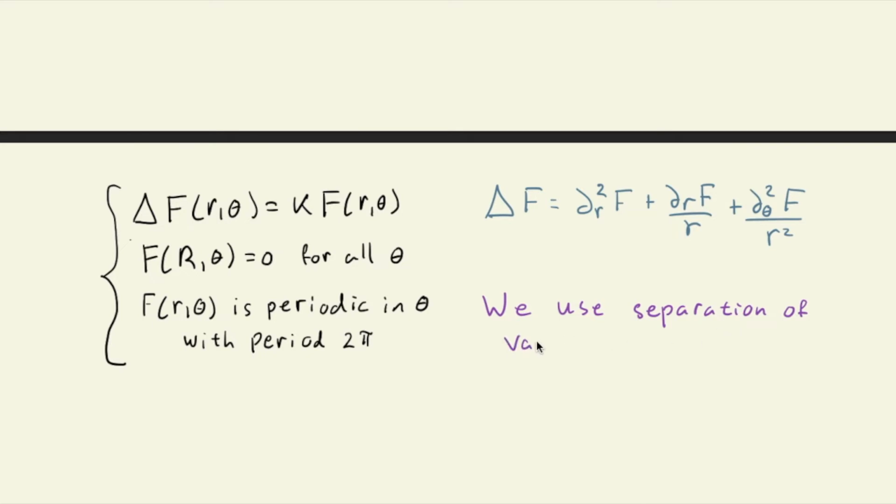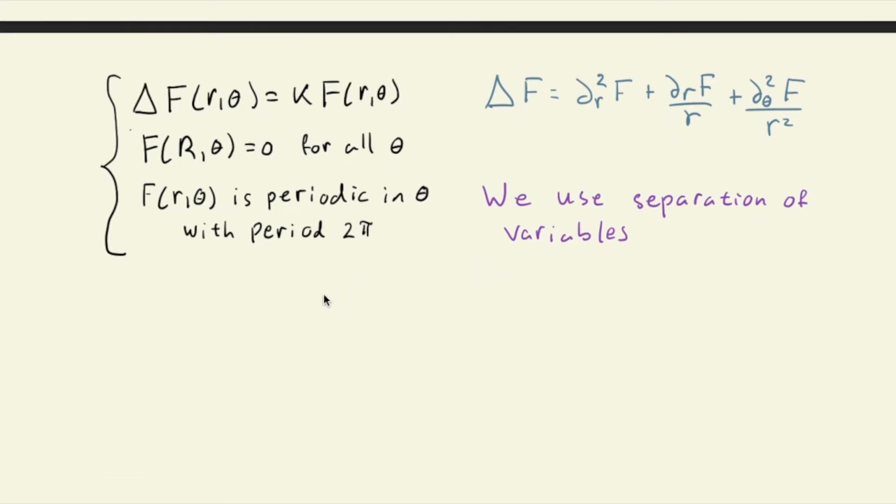Which means that we're going to consider f(r, theta) of the form a function just of the variable r times a function just of the variable theta, right? So the product of two functions of just one variable.